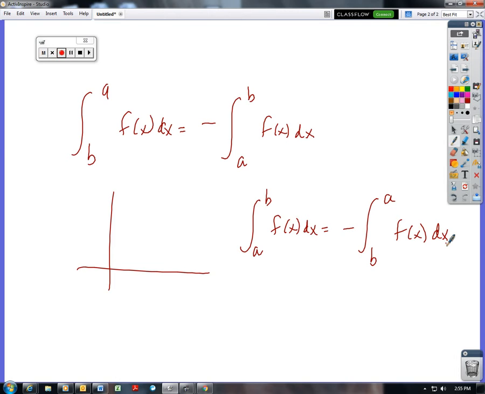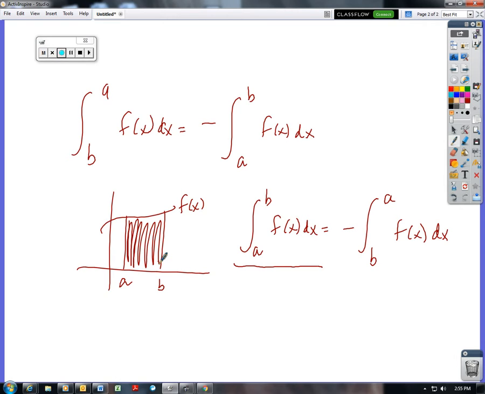Because I'm going to start with this integral from a to b of f of x. So let's just say f of x is up here. Here's a to b. If you're finding that integral, that's going to give you this area underneath the curve, which would be a positive value.